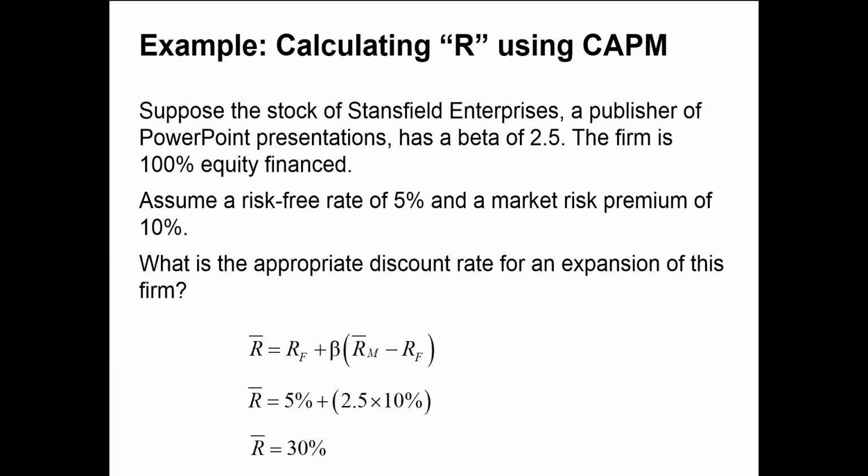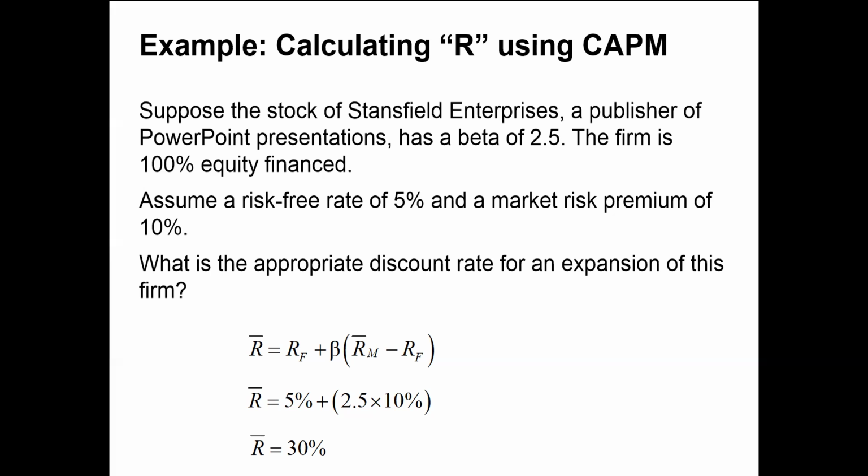This company is very sensitive to market risk, like systematic risk, right? And this firm is just 100% equity financed. There is no debt, right? So for this company, the cost of equity capital is exactly the same as the overall cost of capital of this company, right?